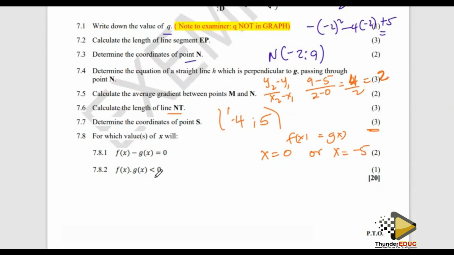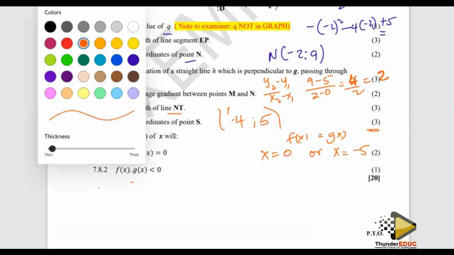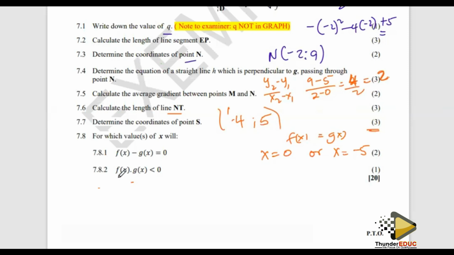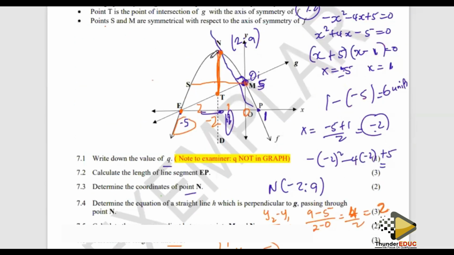And then where do we find F of X times G of X to be less than 0? Now, in this case, we need to look for the regions where one graph is below and another graph is above, because we're talking about the negativeness. So let's see.